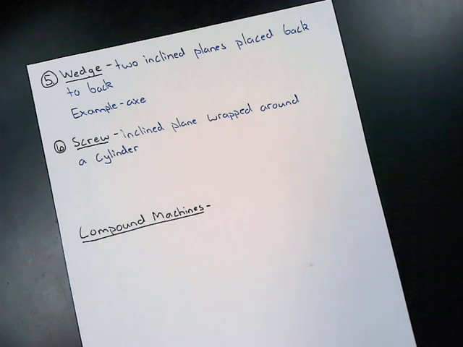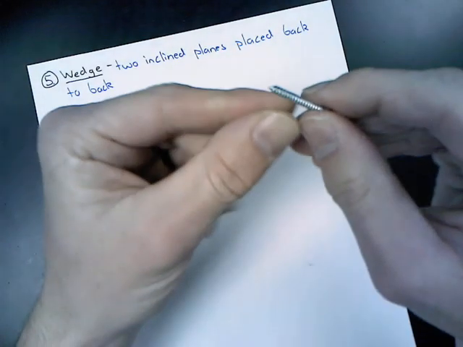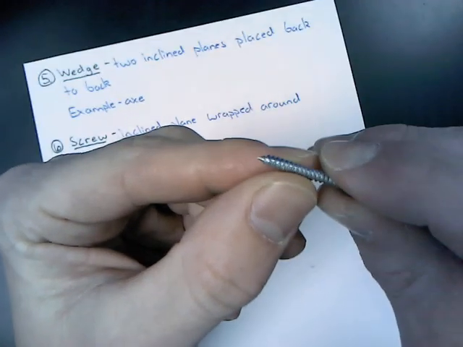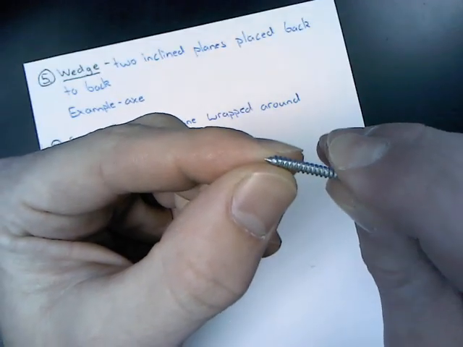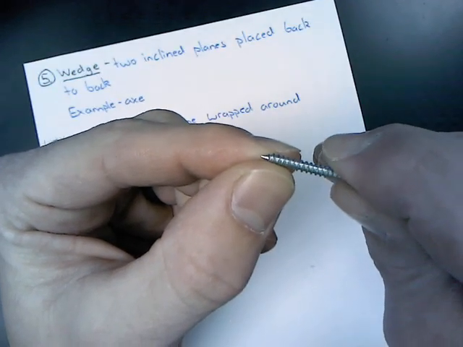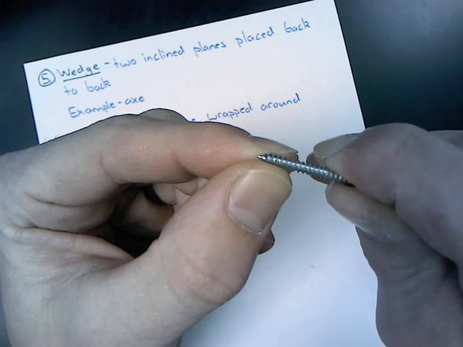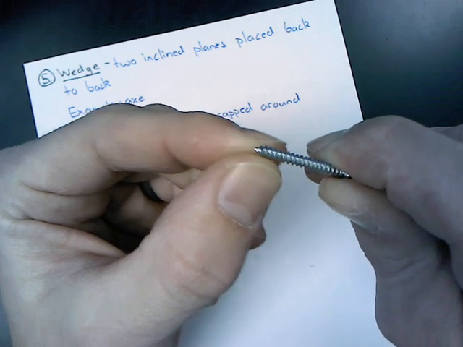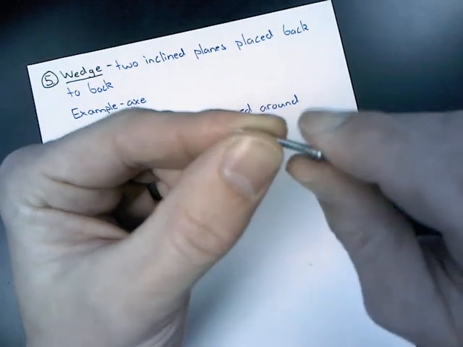So with a screw here, again, everyone's probably seen a screw, but as you can see, it's essentially like having a ramp wrapped around this particular cylinder device.